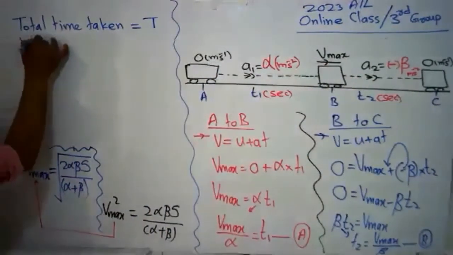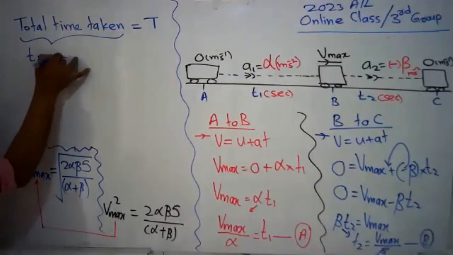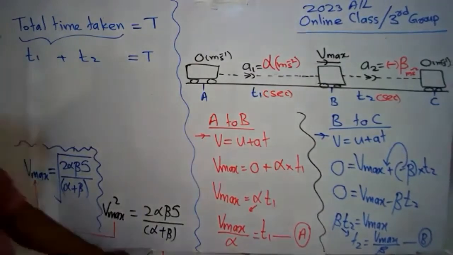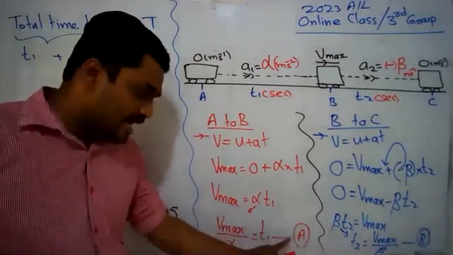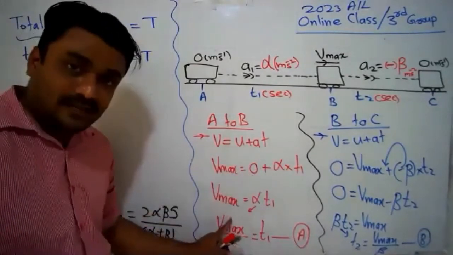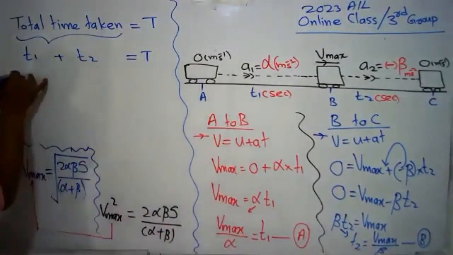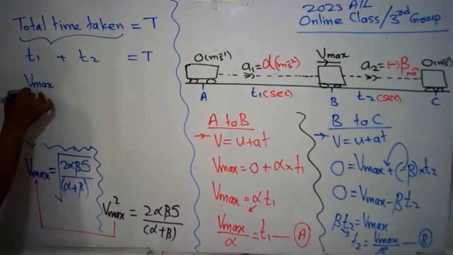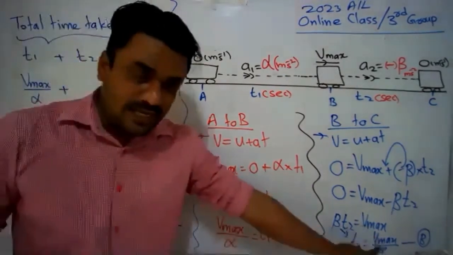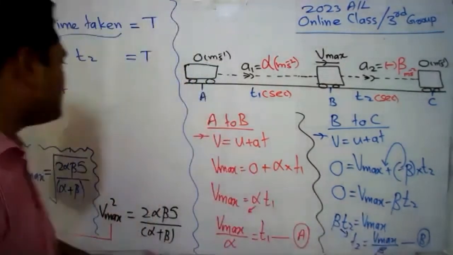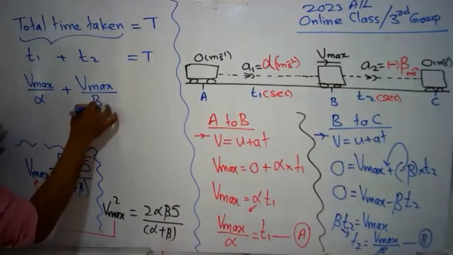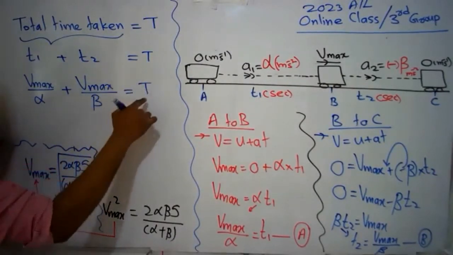T1 is given by the capital A equation, that is V max over alpha, no square, right? Just V equals U plus AT, there is no square term here. T2 is given by the capital B equation, that is V max over beta. So V max over alpha plus V max over beta equals capital T.